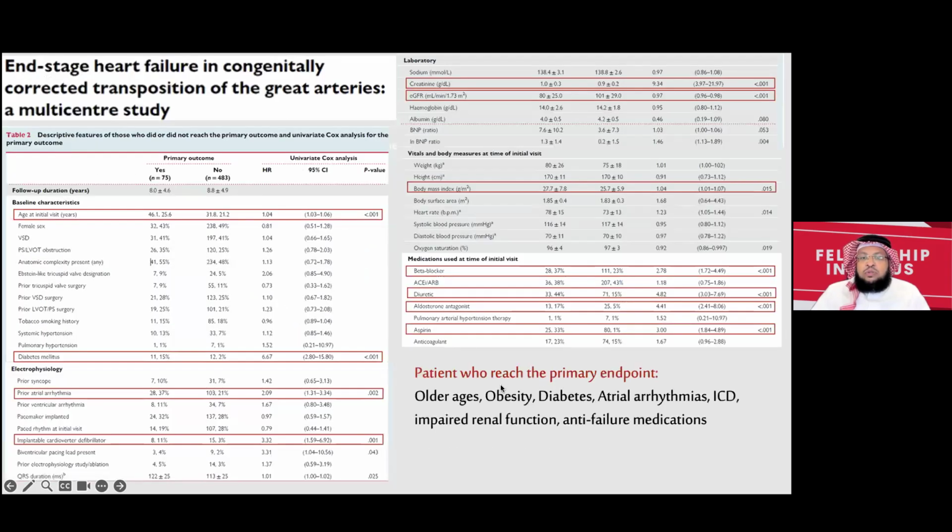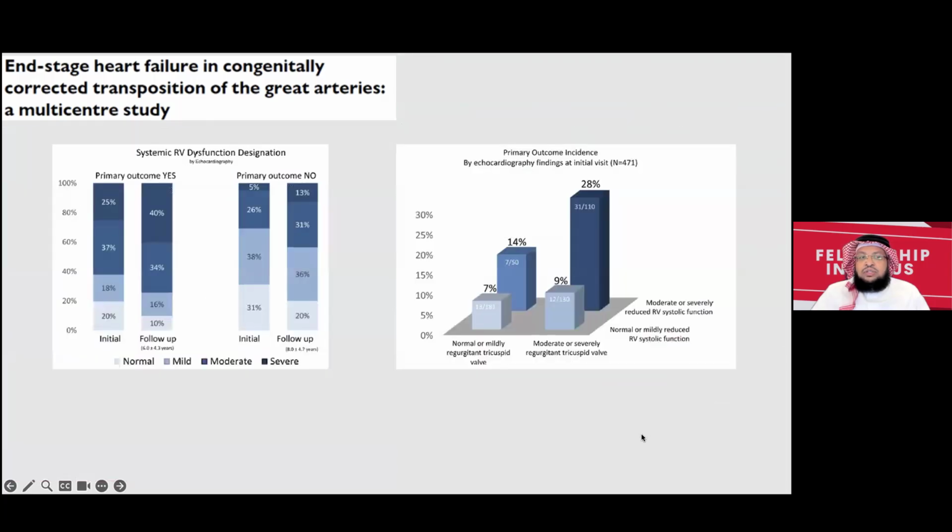In those patients with congenitally corrected transposition of great arteries, they found that those who met the primary endpoint were older, had obesity, diabetes, atrial arrhythmias, had an ICD, impaired renal function, or were on anti-failure medication.